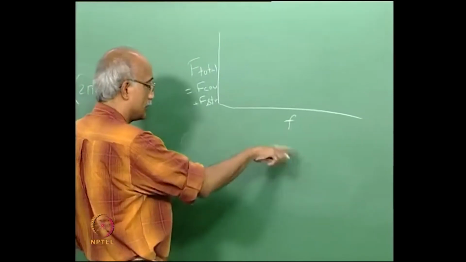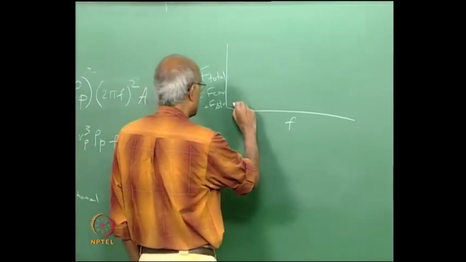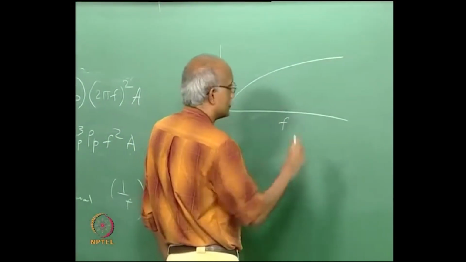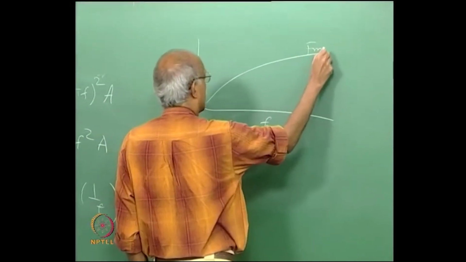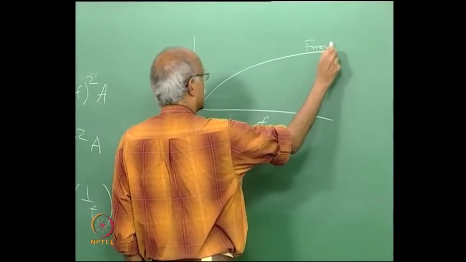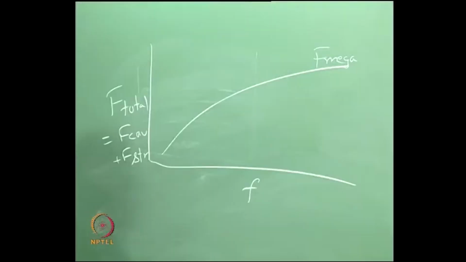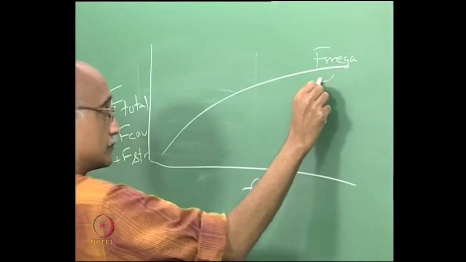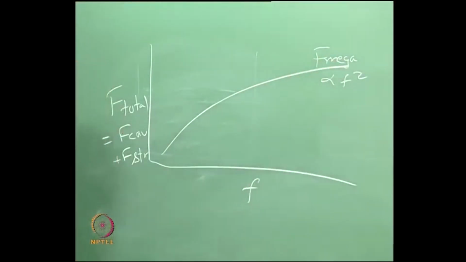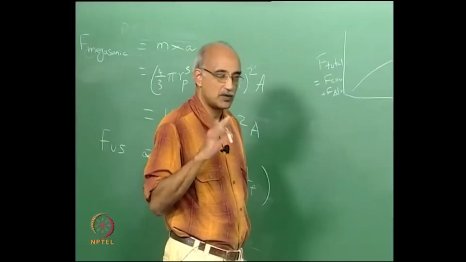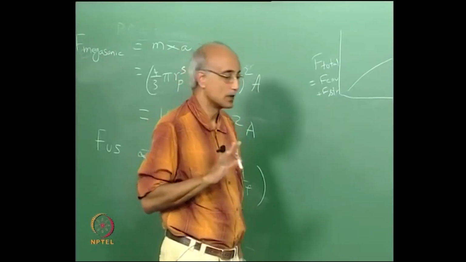Well, let us look at the individual pieces. We saw earlier that f megasonic or f streaming goes roughly as f squared, right, and f cavitational goes roughly as f to the power somewhere between 2 to 3.